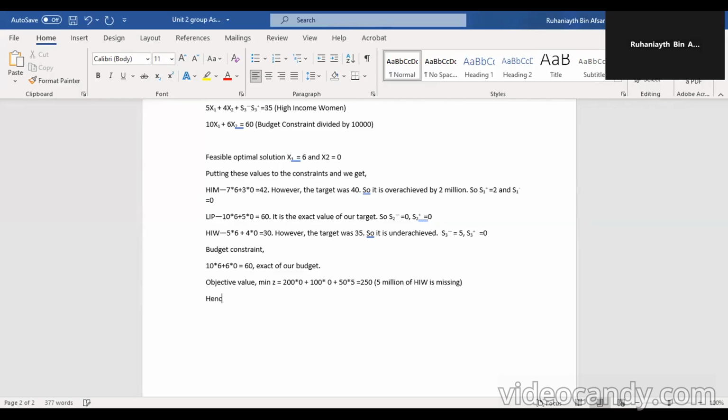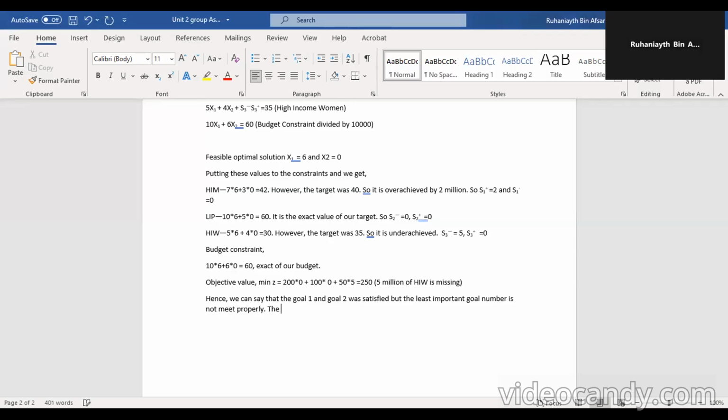So hence we can say that goal one and goal two were satisfied, but the least important goal, number 3, is not met properly.